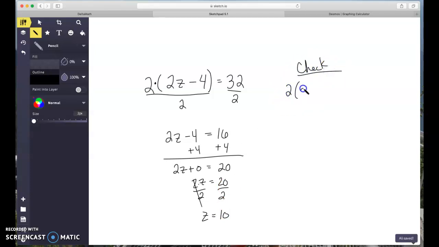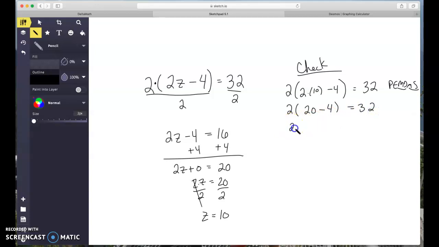So 2 times 2, and then my z is 10 minus 4 equals 32. And I'm going to follow order of operations to simplify, right? So I'm going to do what's inside my parentheses first. I'm going to do the multiplication and then the subtraction, right? So 2 times 10 is 20.